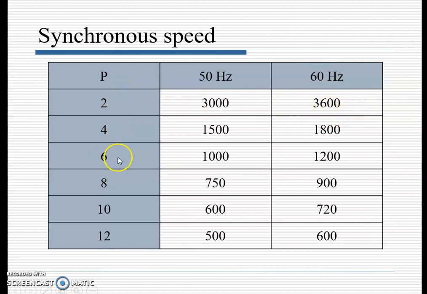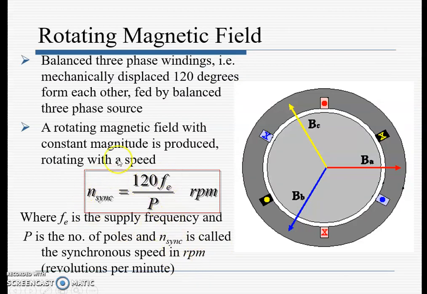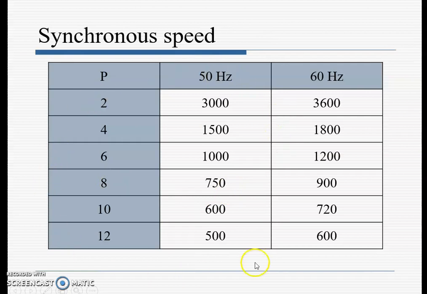So as the number of poles increases, the synchronous speed of the induction motor goes on decreasing. Here again in this formula we can see that the synchronous speed is inversely proportional to the number of poles. So as the number of poles increases, 2, 4, 6 and so on, the synchronous speed decreases, as given in this chart.